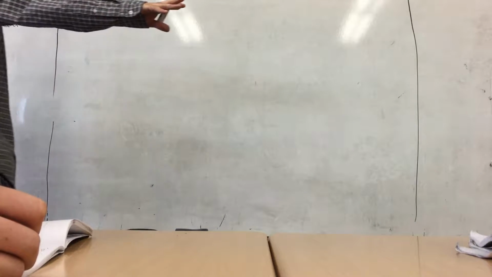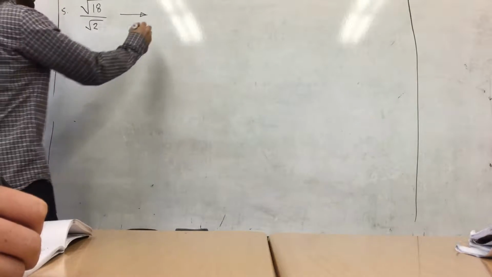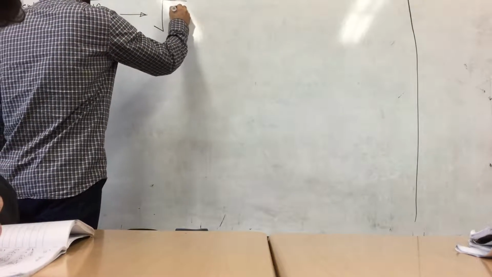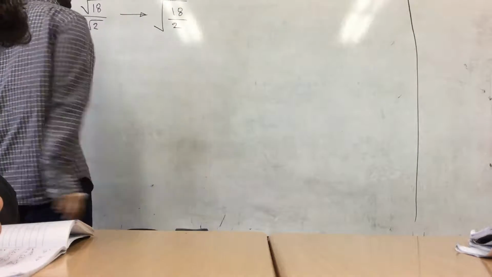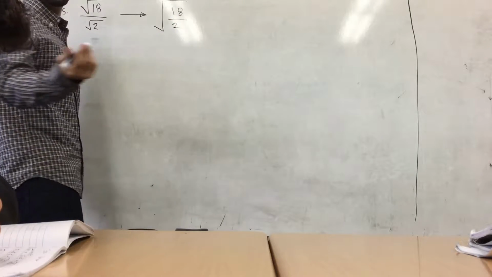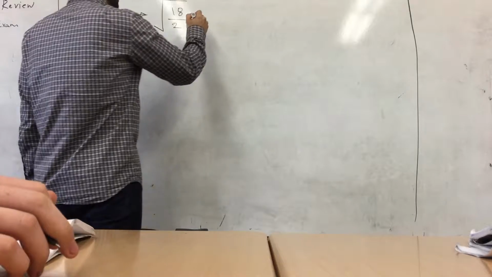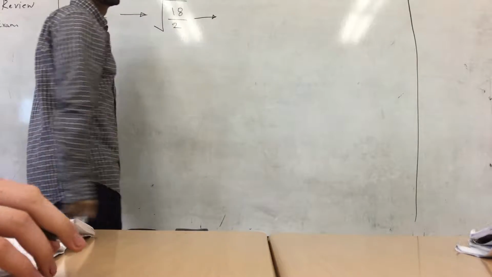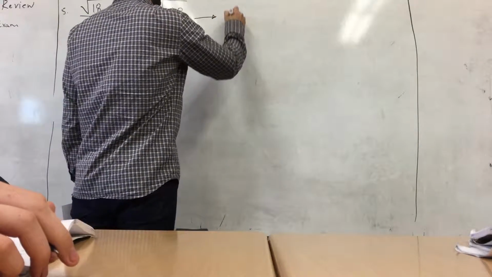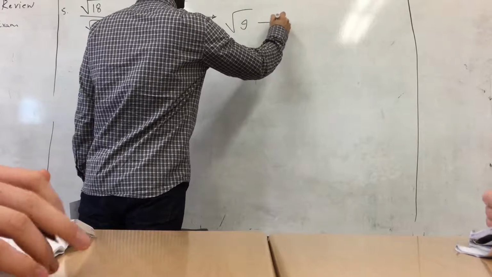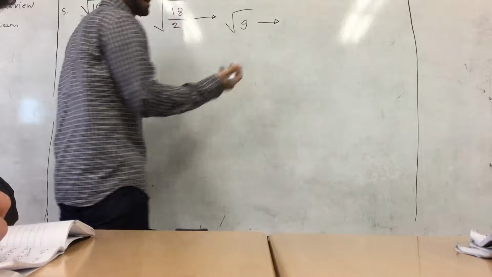The simplest one is to put it under the same radical. Then you evaluate 18 divided by 2, which is 9. And what's the square root of 9?